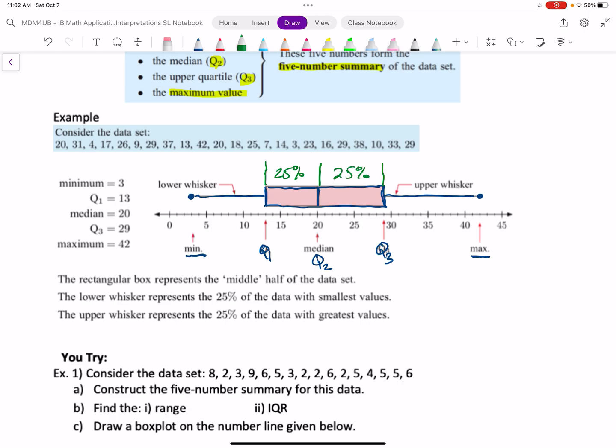Together, obviously, that makes the middle 50% of the data. Similarly, this is 25% of the data, and this is 25% of the data. So it gives you a visual representation of how things are spread out. So down below it says the rectangular box represents the middle half of the data. That's your middle 50%, the lower whisker is 25%, and the upper is also 25%.